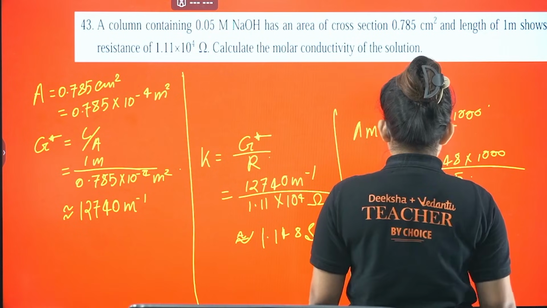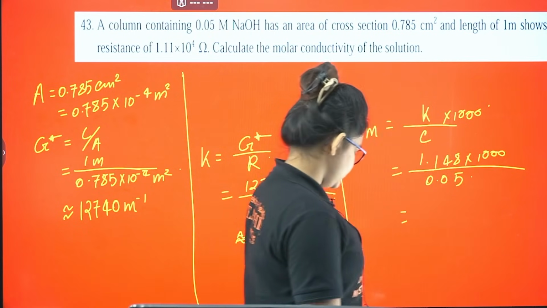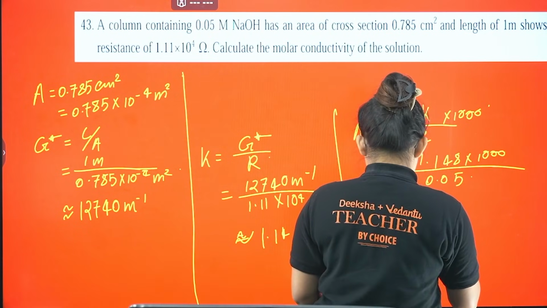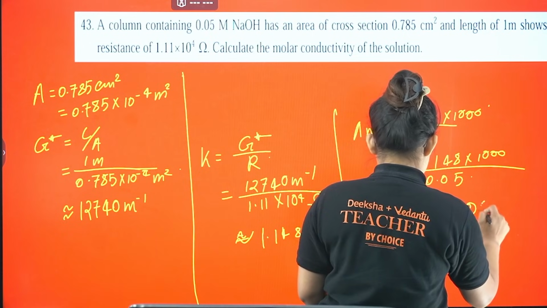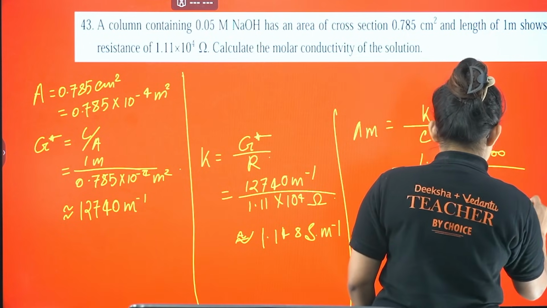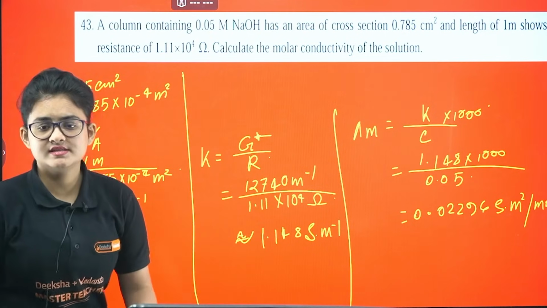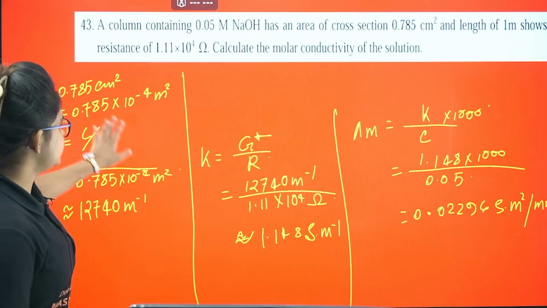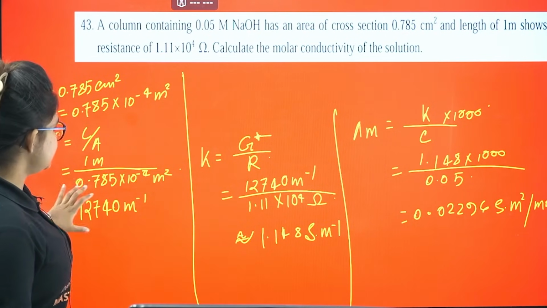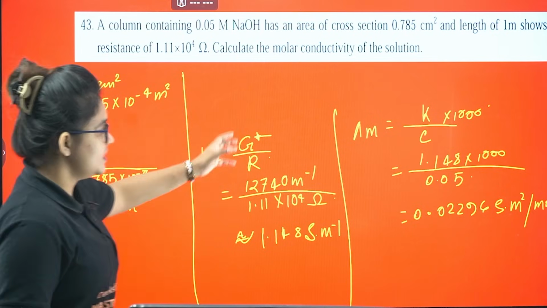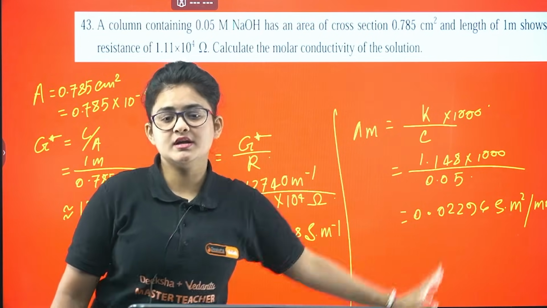If you just calculate this, your answer will come up to be something like 0.02296 Siemens meter square per mole. Okay, I guess this is all right. You understood this. This is step number 1: you have to calculate the G star. Using G star, calculate kappa. Using kappa, calculate the molar conductivity.